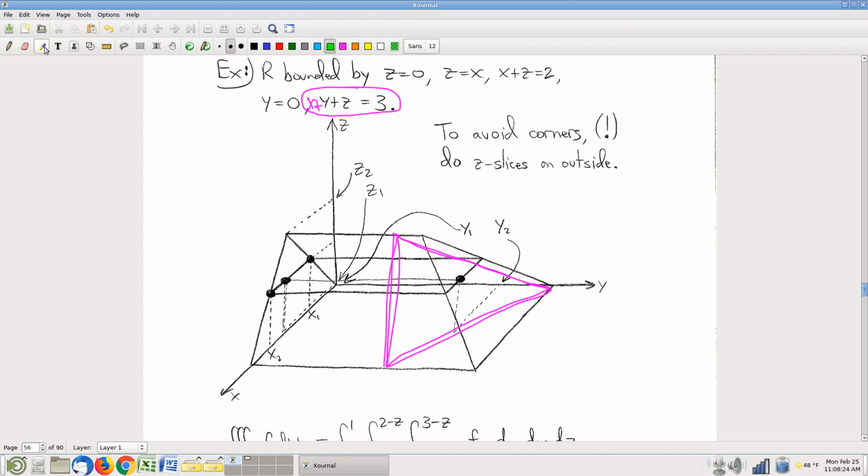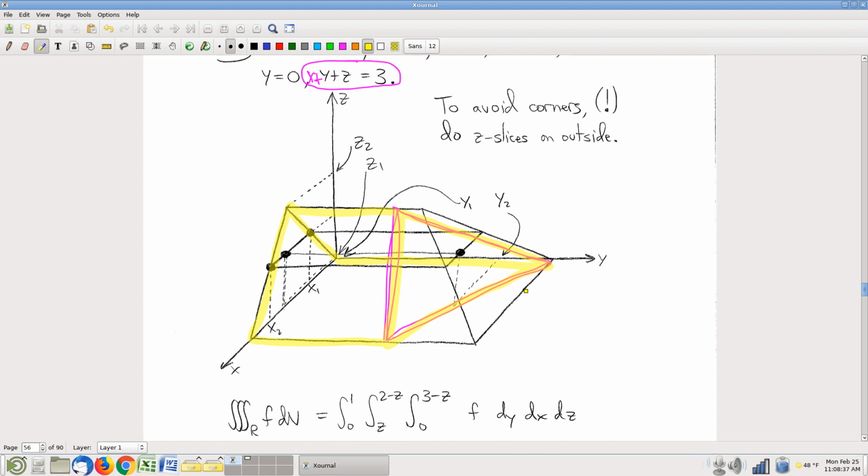Our solid would be like that, and then your Z slices would look like that, not a rectangle.